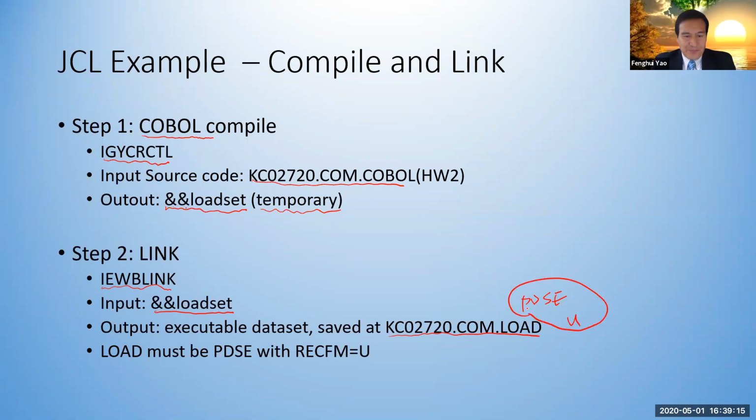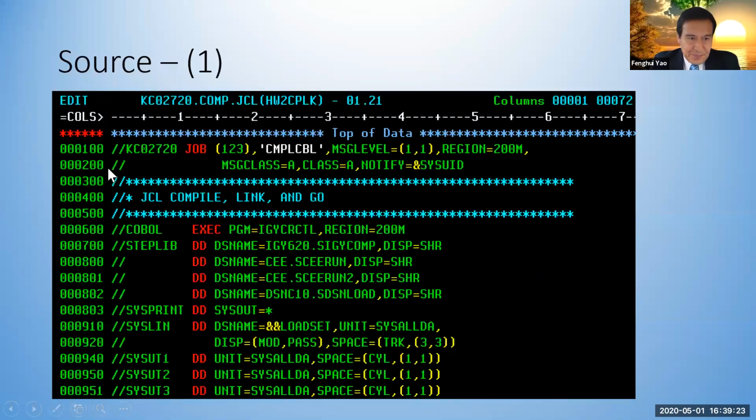All right, this is an example JCL. We already learned this part, which is called the job card. We studied the message level, region parameter, message class, class parameter, and notify parameter. And those are comments.